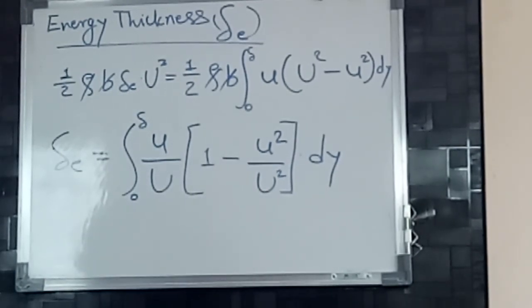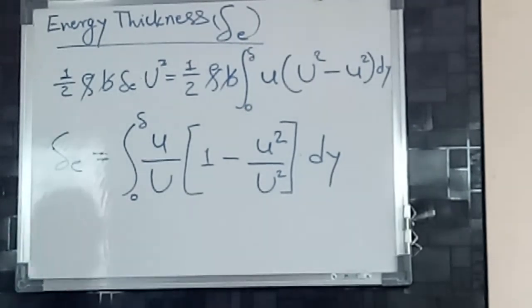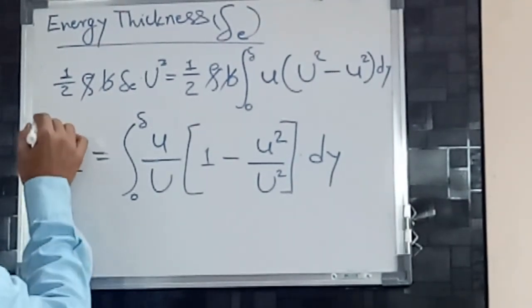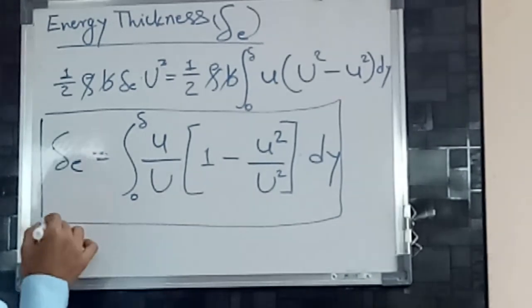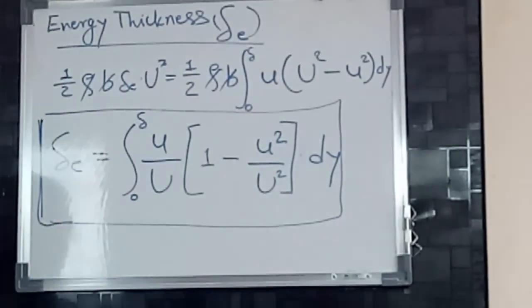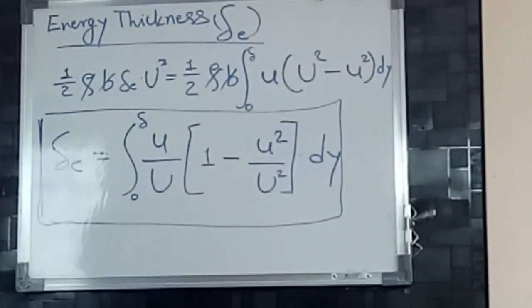So this is the energy thickness whenever we are considering the boundary layer. Now you understand?